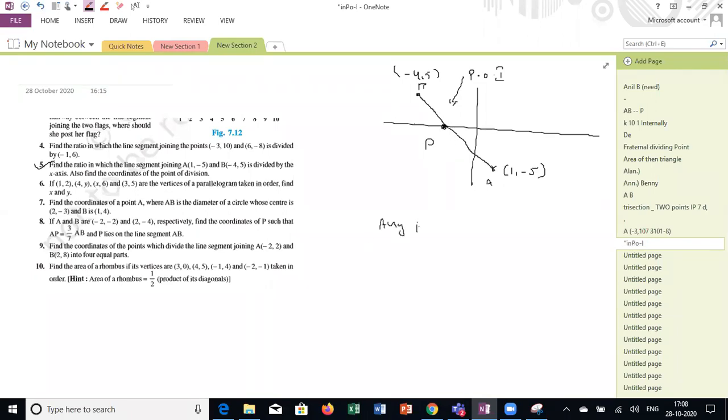Any point on the x-axis, how will it look, Sandhya? Can anyone read out the points on the x-axis? Sir, it will be like x comma 0. Correct. Assume that P is x comma 0.